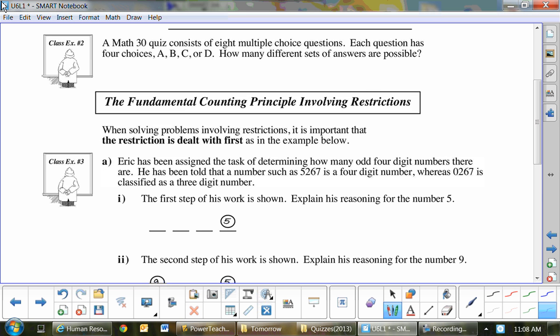Okay. Now, let's figure out how many different permutations we could have. Does order matter? If you put an A, like say for number 1, are you allowed to put a C just because there's going to be a C somewhere in there?